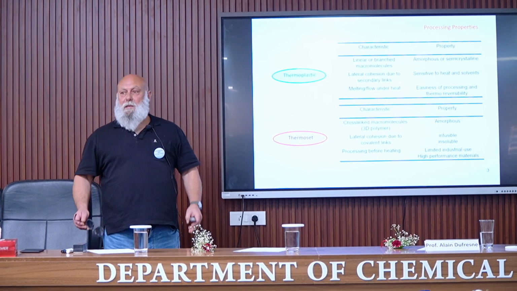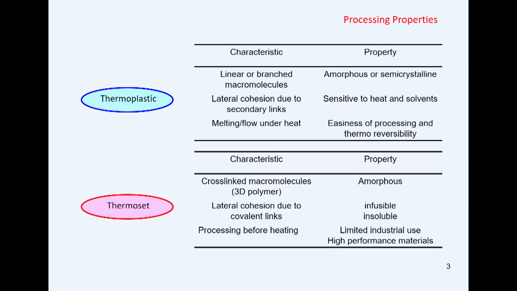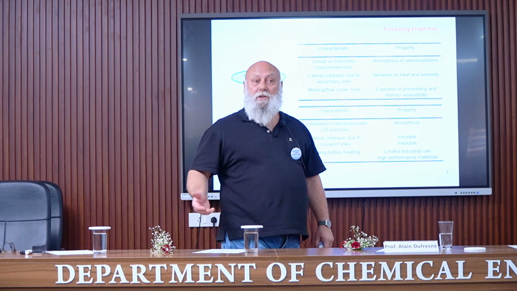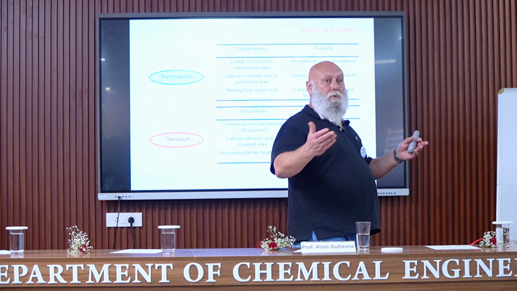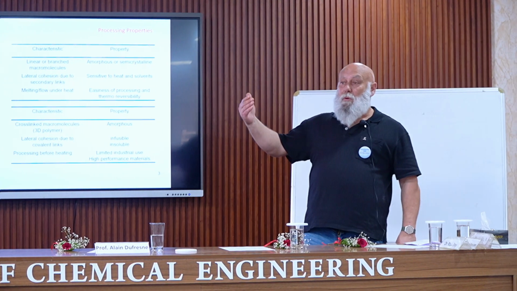Now, in the case of thermoplastic polymers, the lateral cohesion or the intermolecular interaction are due to what is called secondary links. Secondary links means van der Waals interactions, of course, which are universal, that can be found in any material, but also other interactions, which are stronger, and that depend on the chemical structure of the polymer.